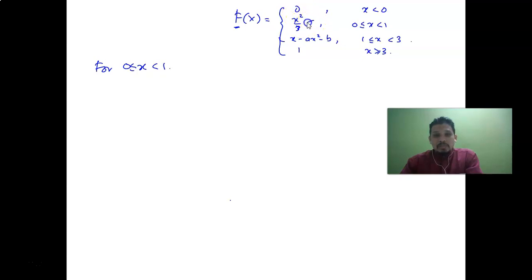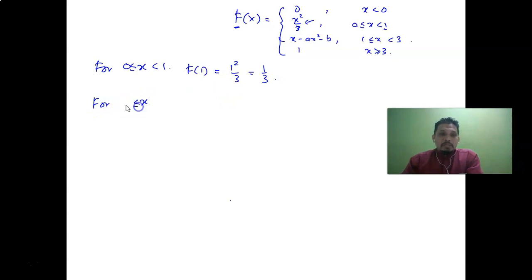We straightaway look at this one here, 0 until 1. Substituting 0, 0 squared divided by 3 equal to 0, meaningless. So we look at the value of 1 here. So F(1) equal to 1 squared divided by 3 equal to 1 over 3.